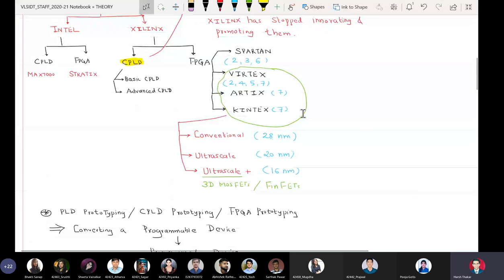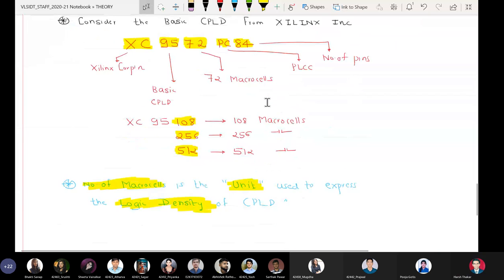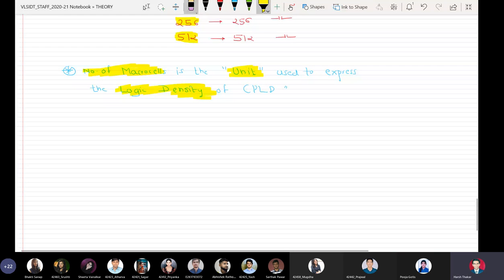So these are sample numbers and some other devices which are available.